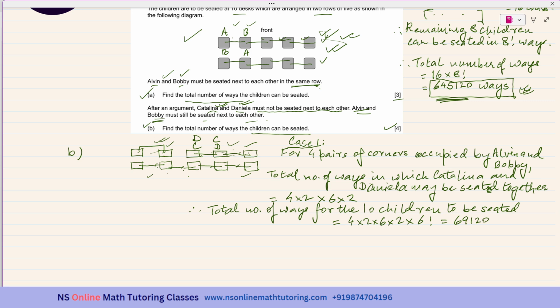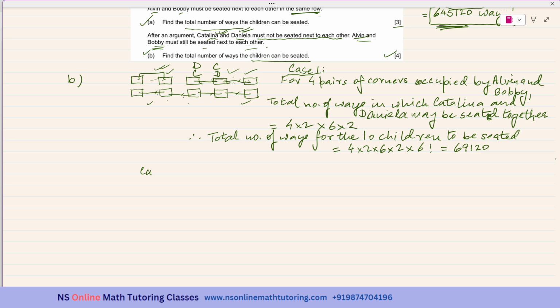69120. Okay. Now case 2, where Alvin and Bobby will be placed in 2 middle seats. Maybe Alvin and Bobby are placed in these 2 seats. And now you see I have taken a different color, or else I have to draw these 10 boxes once more.